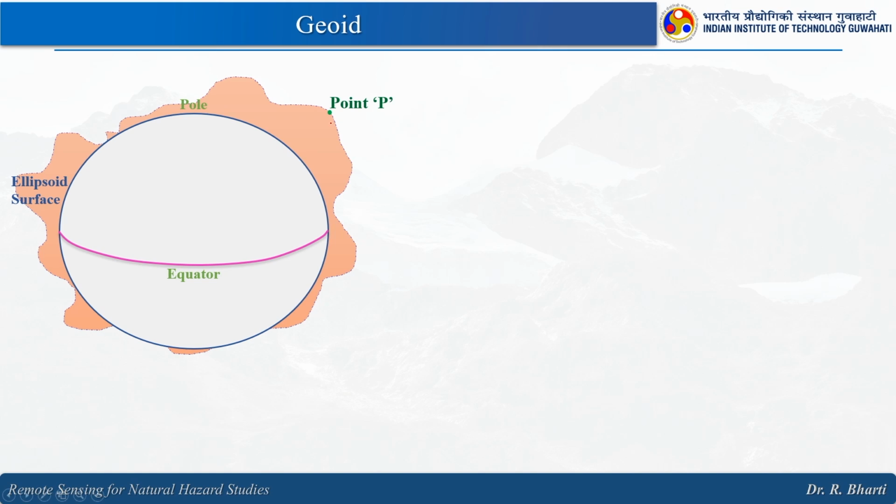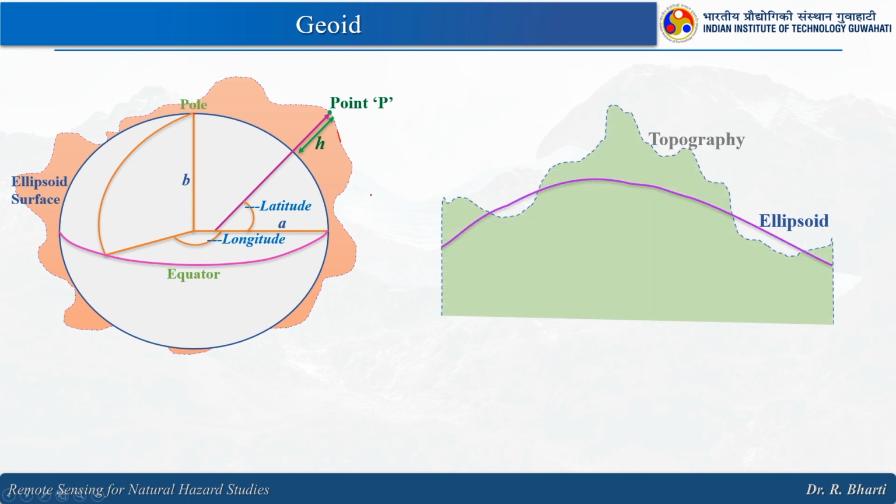So, considering this elevation of the actual topography, let us say that point P is present here, right, and then you have the semi major and semi minor axis, you have poles here and the equator is marked here. Now, you can see this particular point, the P, and this is the ellipsoidal surface. You can see the ellipsoidal surface which is marked here, and this is the actual topography, right, and then we can just see a section of it.